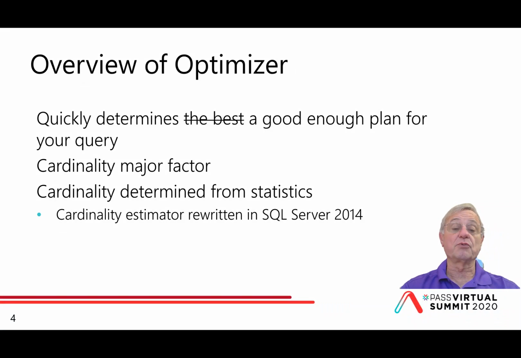But there were a few improvements made to the cardinality estimator starting in SQL Server 2014. Some notes about that: if you upgrade SQL Server from something prior to 2014 to 2014 or newer, you will be going from one cardinality estimator to another, and that can have some significant impact on the performance of your queries.